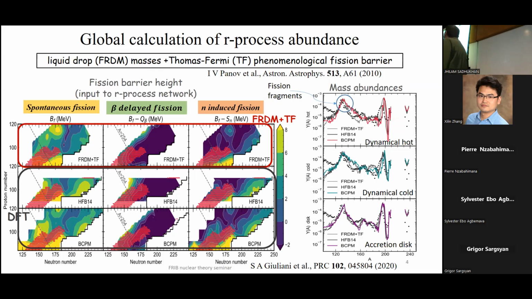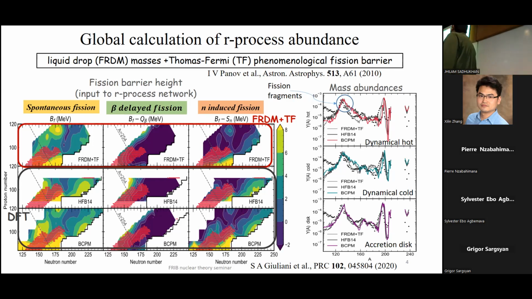These are basically calculations of the fission barrier. The top row is the liquid drop model calculation, and the lower two rows are DFT calculations. The first column is the fission barrier, which decides the spontaneous fission half-life. The second column is the fission barrier minus the Q-value of the beta decay, so it decides the beta-delayed fission.